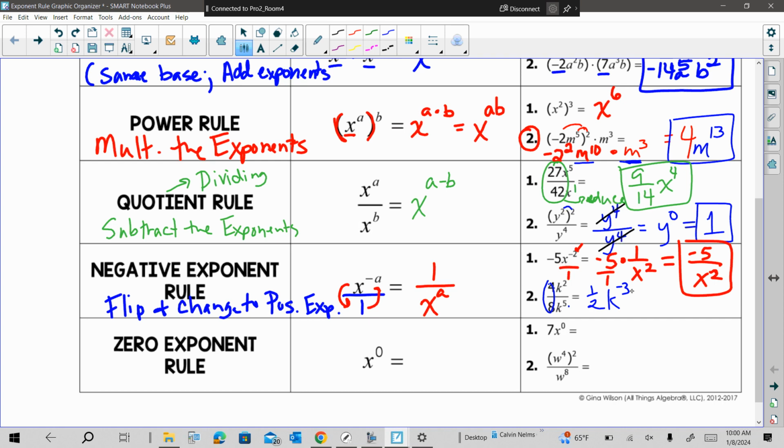I cannot keep negative exponents. So we put this over 1 and flip it. So I have 1/2 and 1 over k to now the positive third power. And this becomes 1 over 2k to the third.